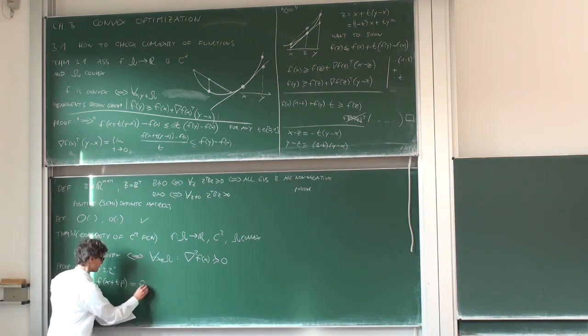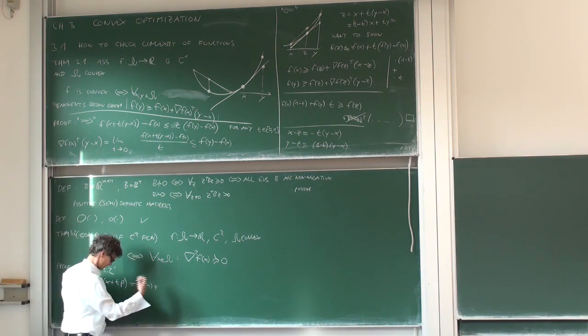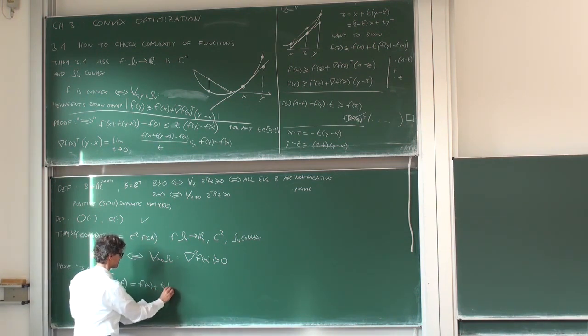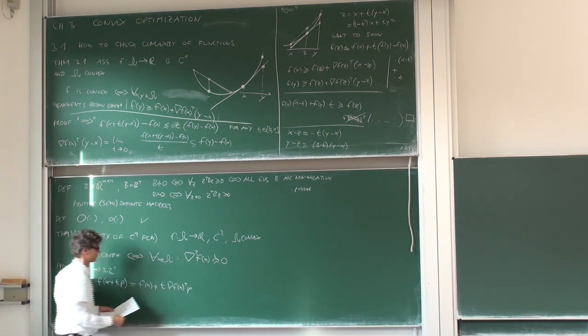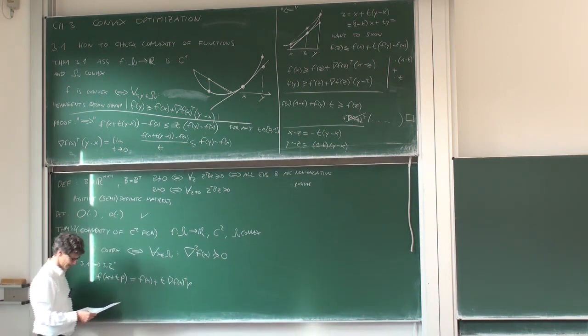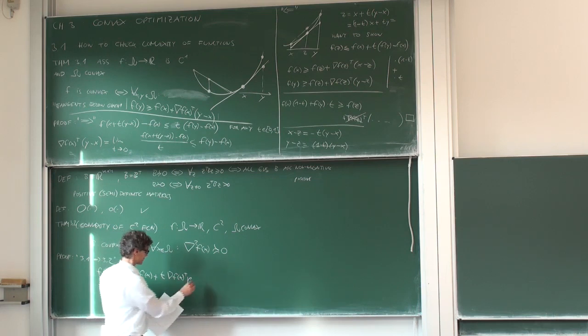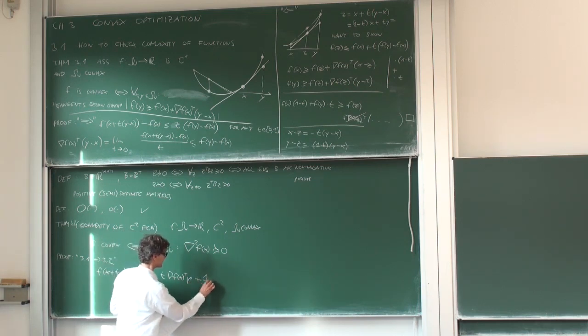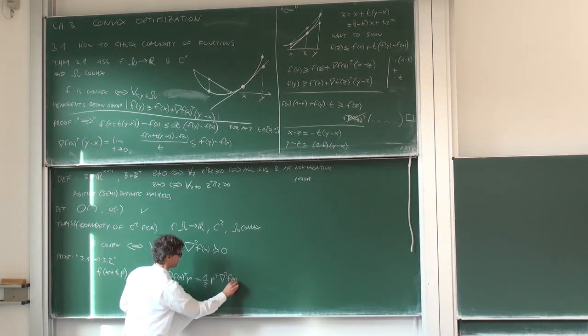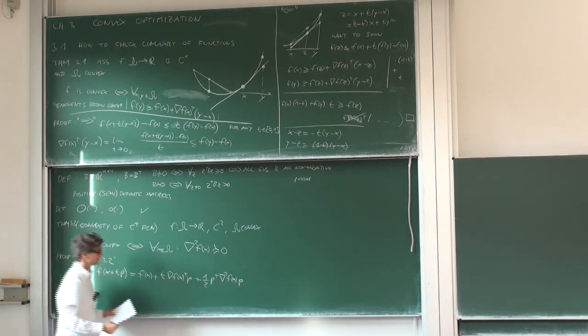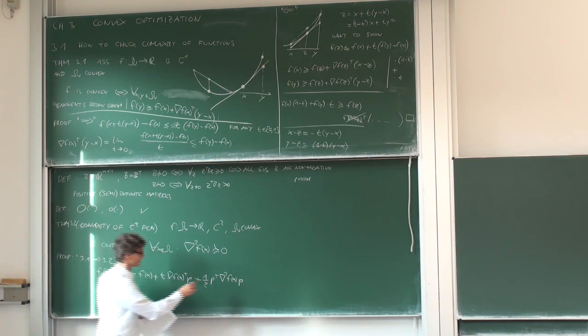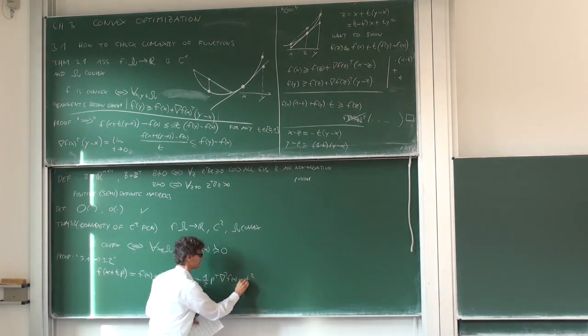So this is given by f of x plus, and now we take the first term of the Taylor series, nabla f of x transpose p. But we also add the second term. The second Taylor series term involves the Hessian matrix, and it is with t squared, sorry.